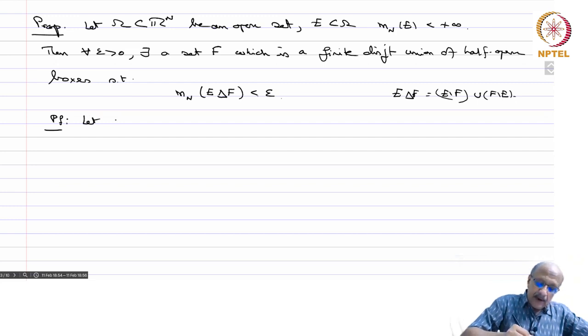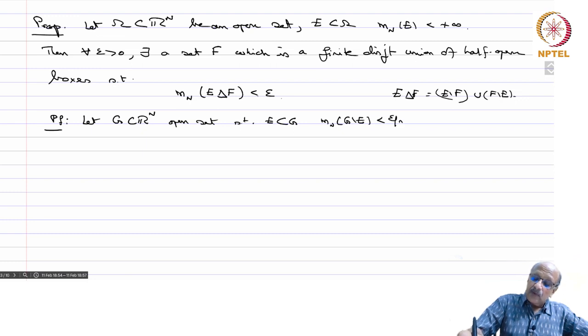Let G contained in Rn be an open set such that E is contained in G and Mn of G minus E is less than epsilon by 2. So this we have already proved. This is one of the characterizations of measurable sets. So you know this.